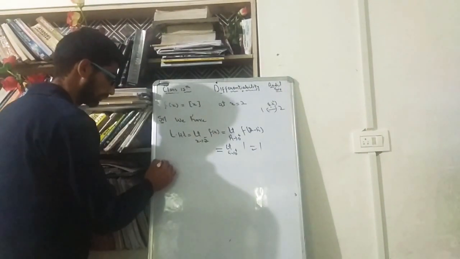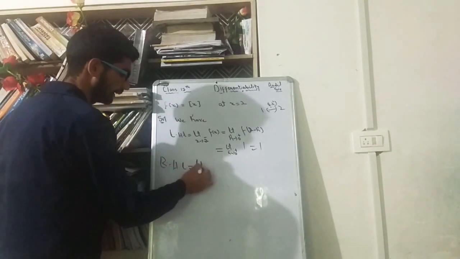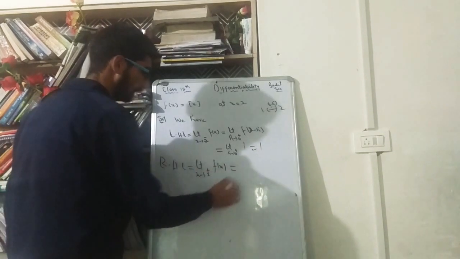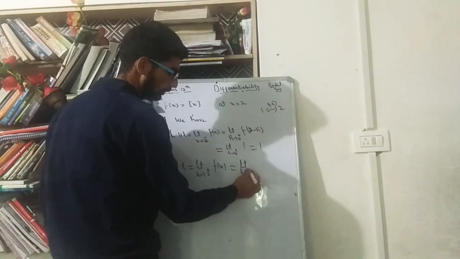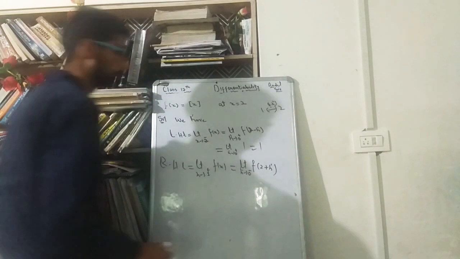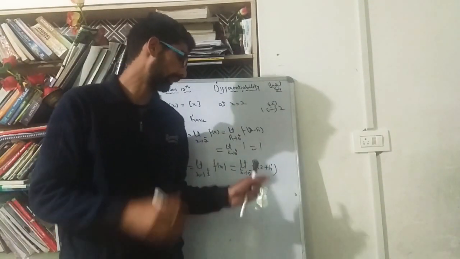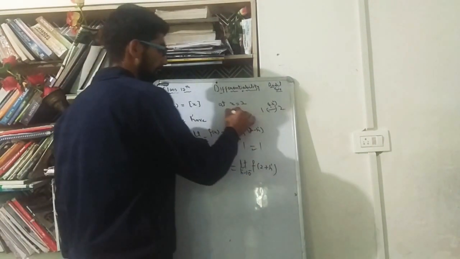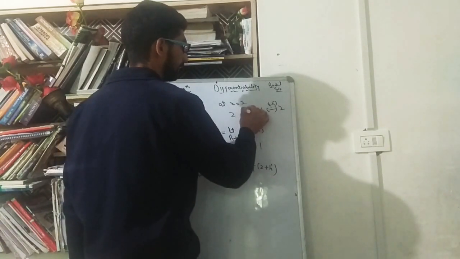Now the right hand limit equals limit x tends to 2 positive of f of x. By the substitution method, it will be limit as h tends to 0 of f of 2 plus h. Here the integer 2 is getting an additional value h, but h is very small, so if this is 2 and this is 3, then 2 plus h will be a point between these two.